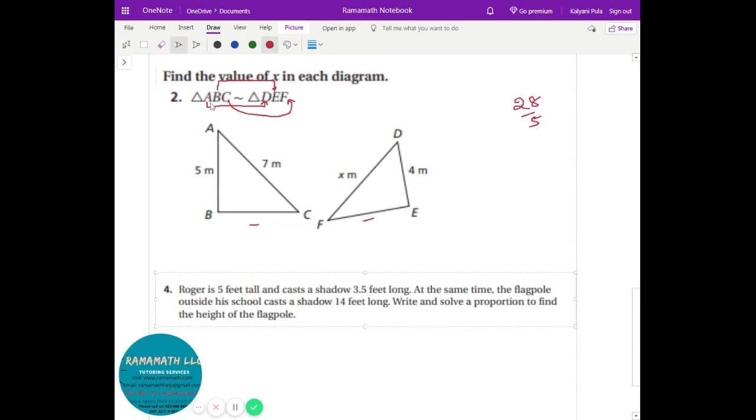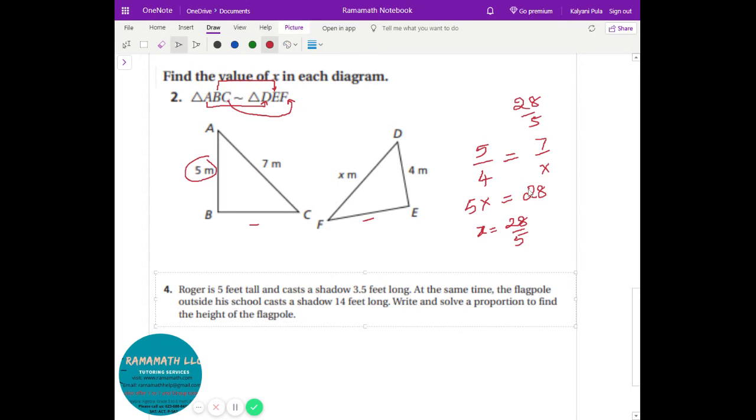So if you're looking for A, B, this is 5, and then you look at D, E, which is 4. So if you put a ratio of 5 over 4, it's the same as 7 over x. Whatever you start with first, that's what you need to use. So cross multiply, that's 5x equals 28, and x equals 28 over 5.